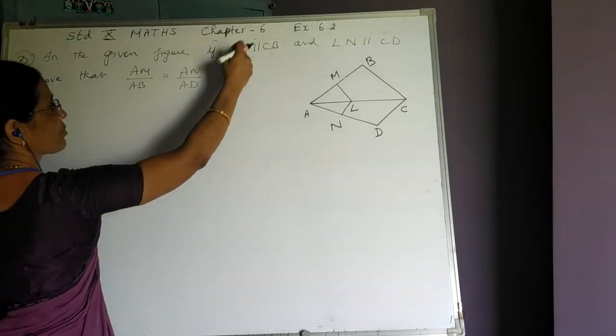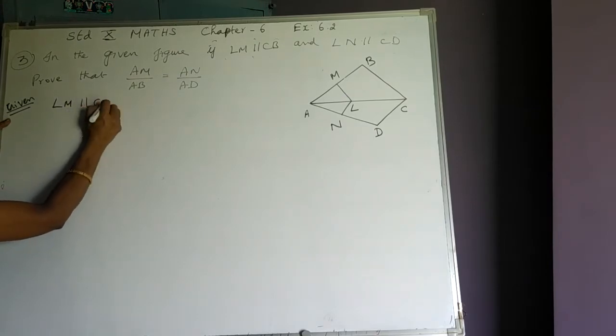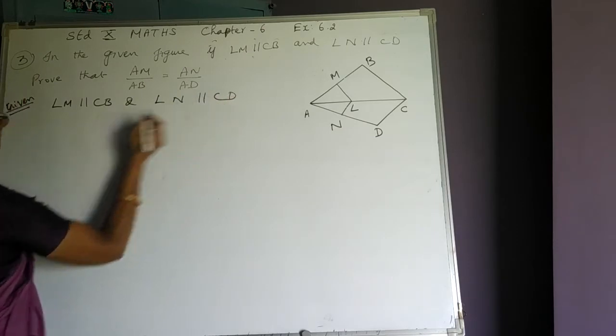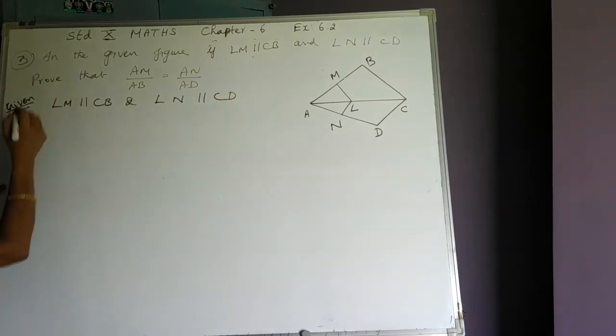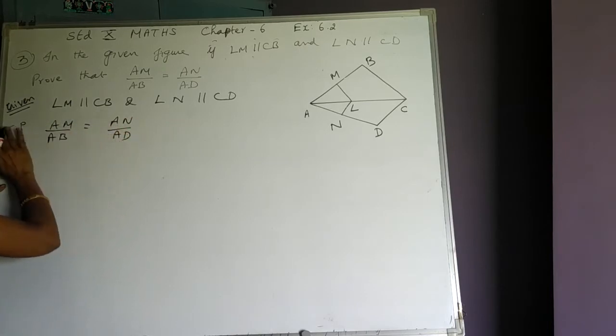What is the condition given in the question? Given LM is parallel to CB and LN is parallel to CD. To prove, what is the question here? The question is to prove that AM upon AB is equal to AN upon AD.